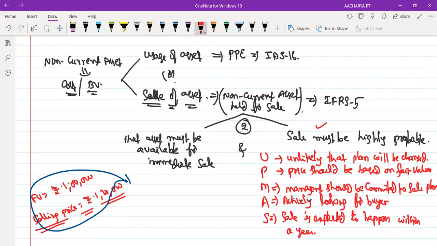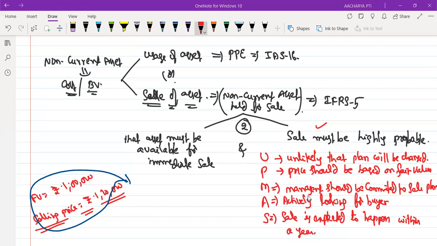So the classification of the asset under non-current asset held for sale is possible if it satisfies two conditions. The first one is the asset must be available for immediate sale in its present condition, and the second one is sale must be highly probable.